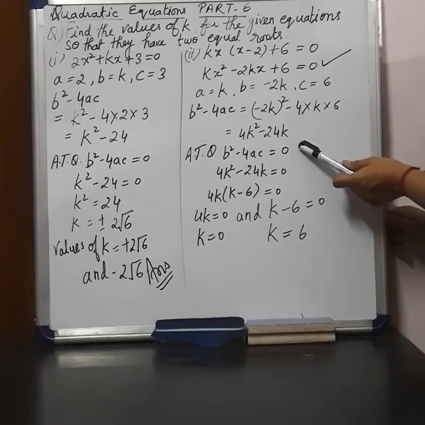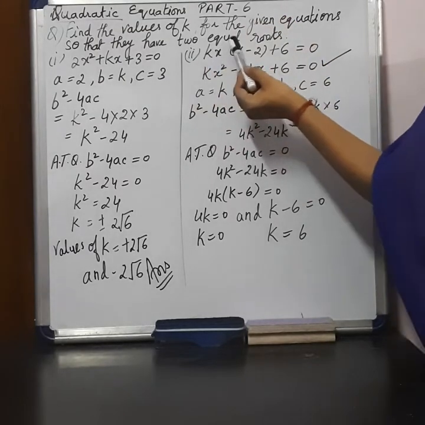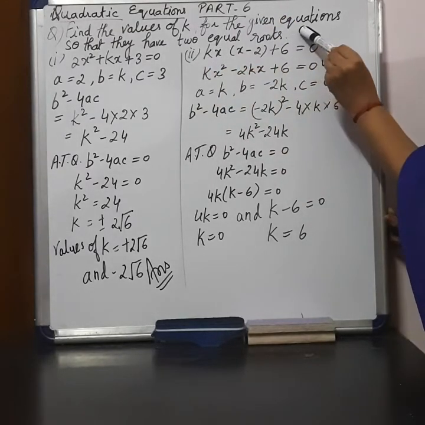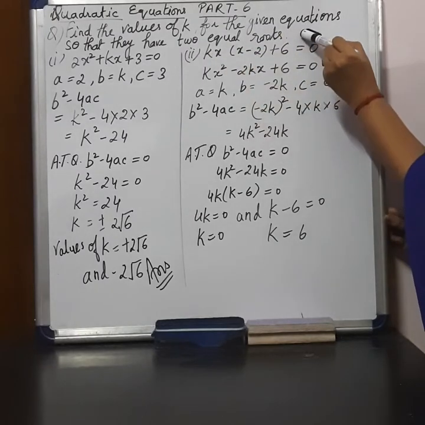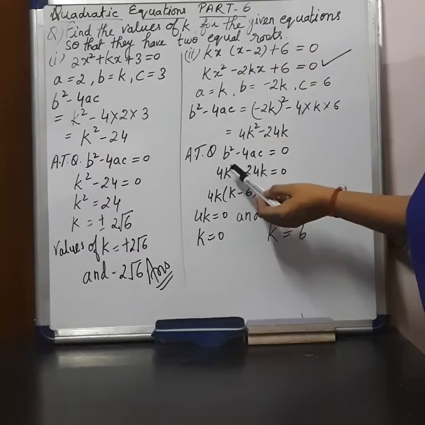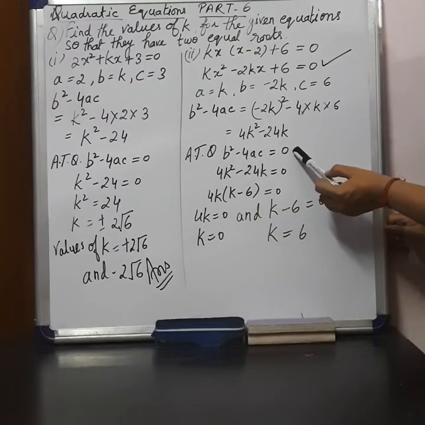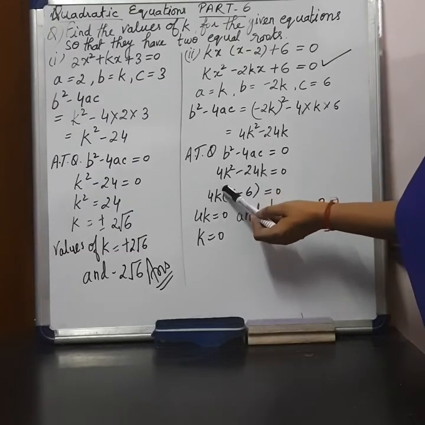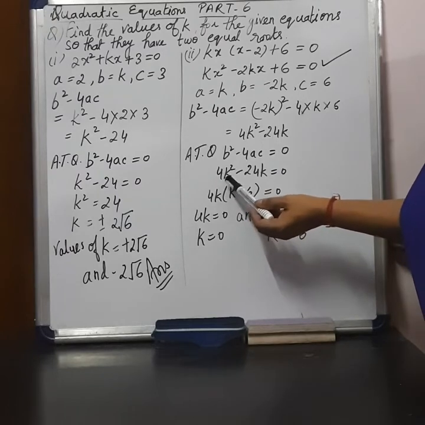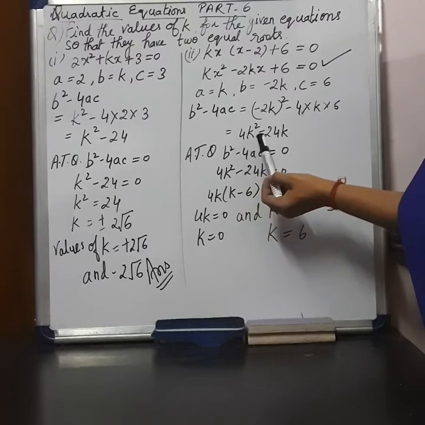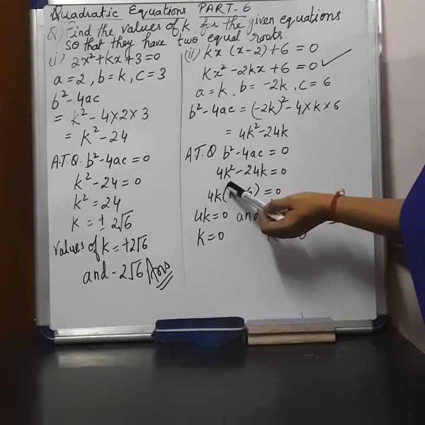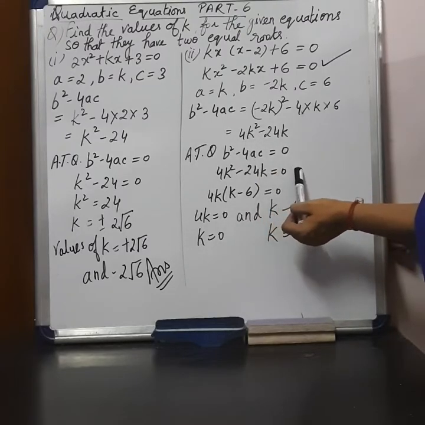Now according to the question, they have two equal roots. Whenever you have two equal roots, the nature of the roots, then b square minus 4ac should be equal to 0. Then you will put the values. It is coming 4k square minus 24k is equal to 0.